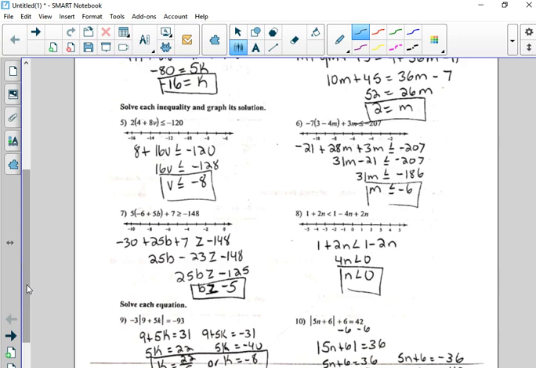Okay, so on this one, when you're distributing the 2, you solve it, and oh, the graphs aren't on here. So less than or equal to negative 8, that's going to be a solid dot going that way. On number 6, less than or equal to negative 6, solid dot going that way.